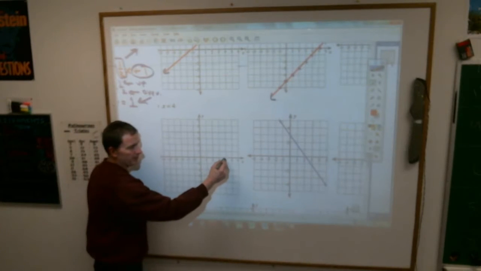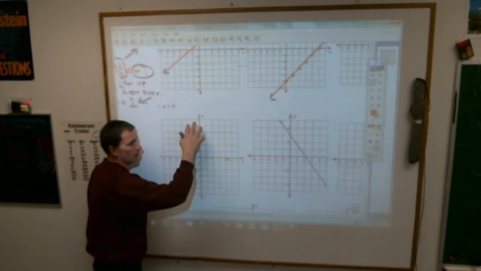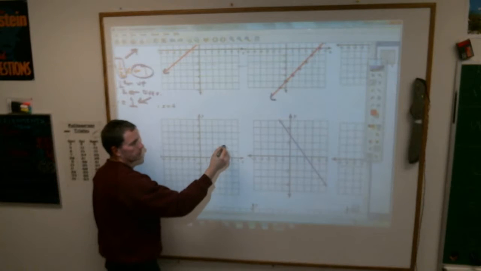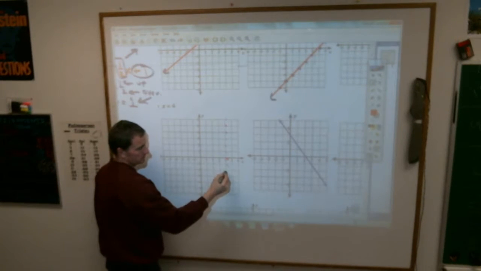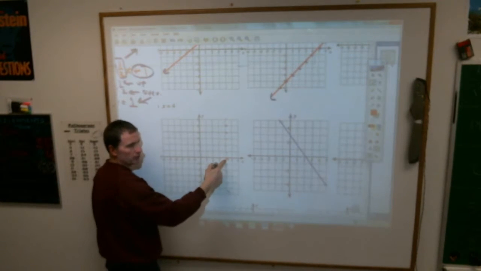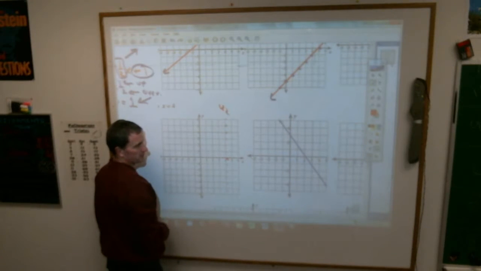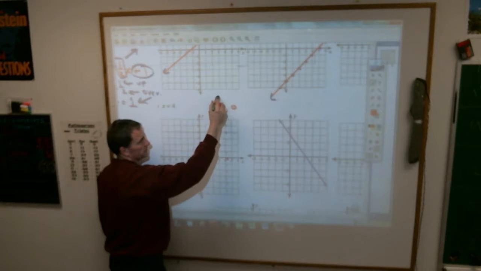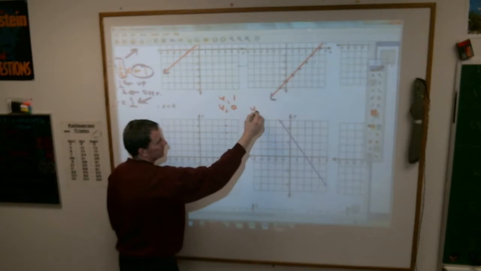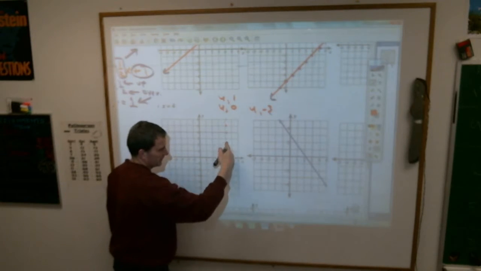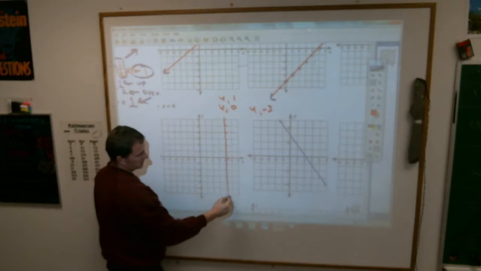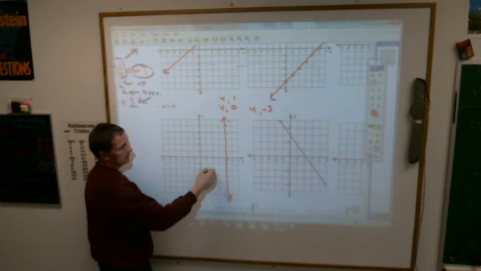Vertical line, because here's where x is 4, and no matter what y is, x is always going to be 4. If I were giving the ordered pair for any of these dots, 4 would always be the x number. It doesn't matter what y is. Y could be 0, y could be 1, y could be -3. You're going to get these dots here. It is a vertical line where x is 4.